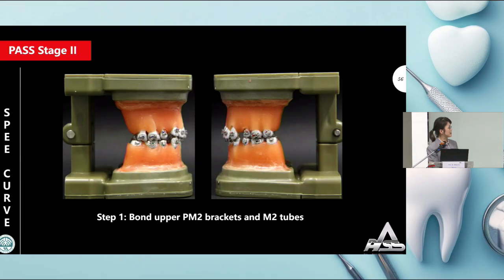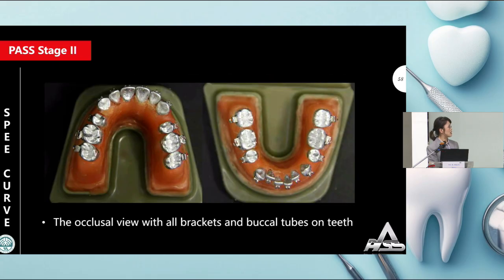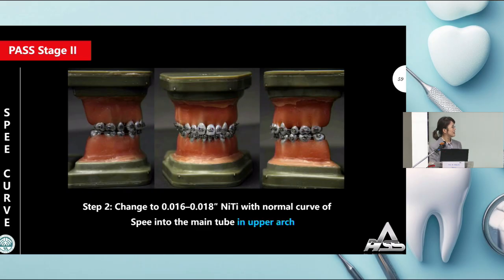Okay, we can see we bonded the 5 and the 7 in order to restore the upper curve of Spee, the occlusal view. Then we change to a 16 or 18 nitinol round wire with normal curve of Spee into the main tube, the rectangular tube in the upper arch.